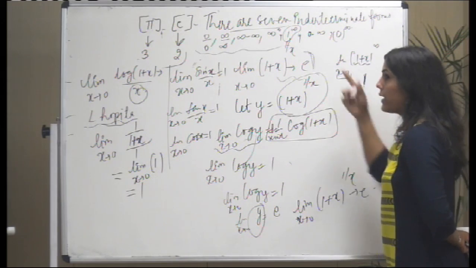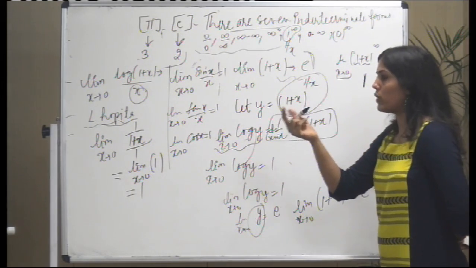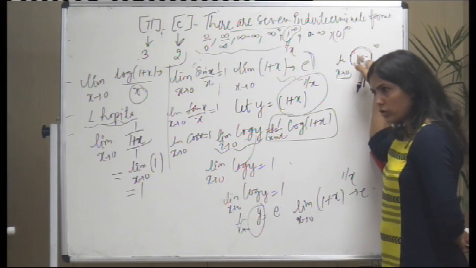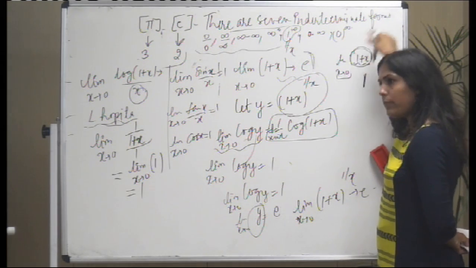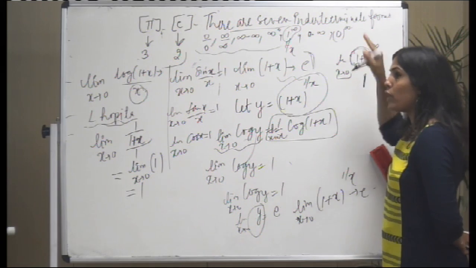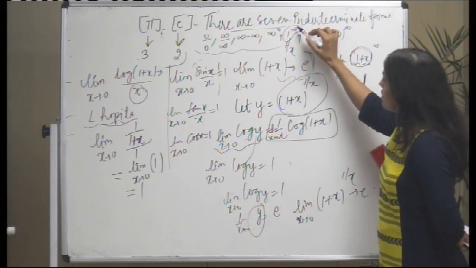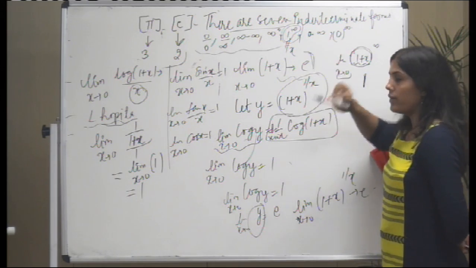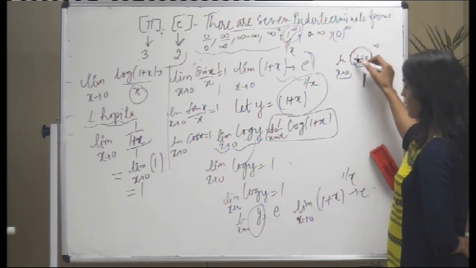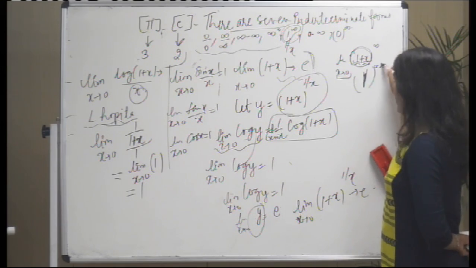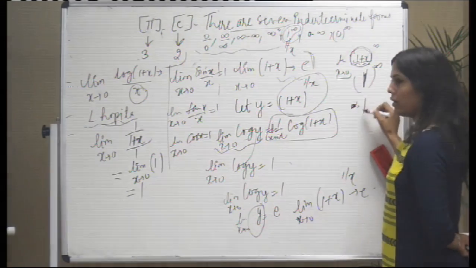It is not tending to 1, not approaching 1, this inside portion, this base. If it is approaching 1 and its power is infinity, then we cannot say that this will be 1. In such a case, we say this is an indeterminate form. But if you are getting exactly 1, like here also, if you put 0 you get exactly 1, so 1 to the power infinity will be 1.